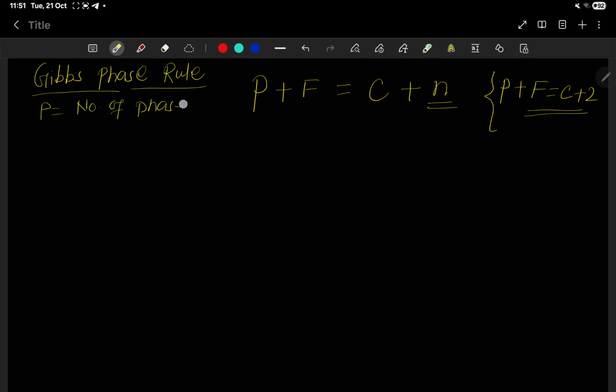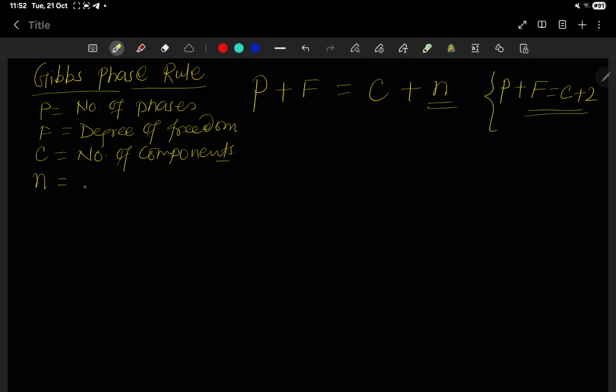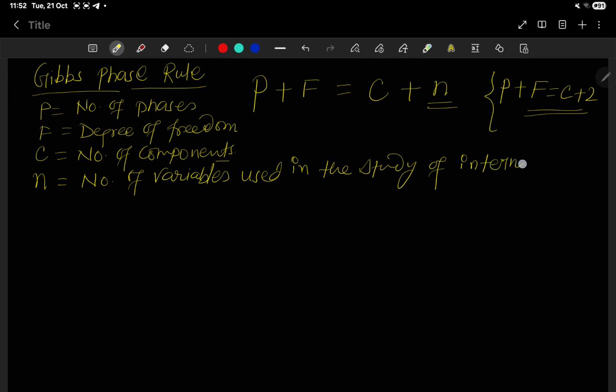P is the number of phases, F is the degree of freedom, C is the number of components, and N is the number of variables used in the study of the internal phases of an alloy.